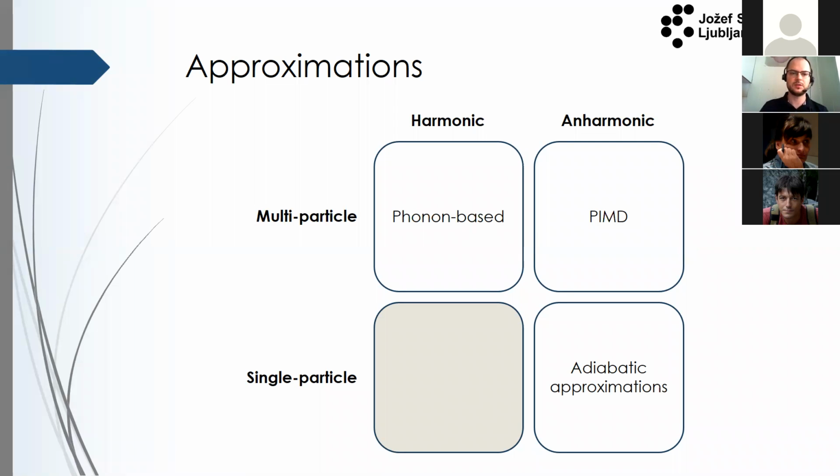The other possibility is multi-particle potentials, either with harmonic binding between the different nuclei or muons. So these are phonon-based methods, because phonons are the harmonic expansion of internuclear forces or interionic forces. And finally, the full method for anharmonic multi-particle effects is PIMD, which I will describe lastly.